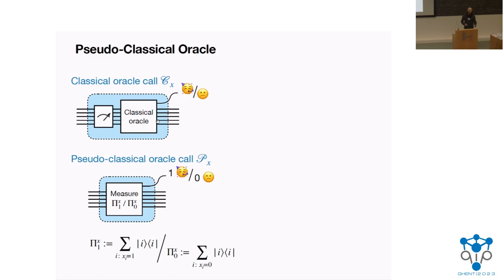And in addition to this projection, we also output one bit which corresponds to the measurement. And as before, if our measurement outcome is 1, then we can just rejoice and go home. We are done.